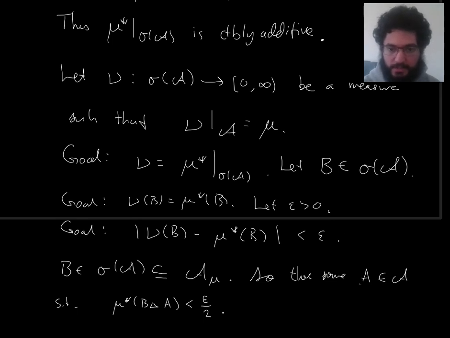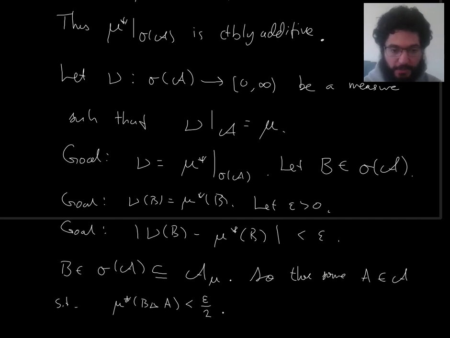So this is a good start, A here, but working with B symmetric difference A is not so good. A is in the original algebra of sets, but B symmetric difference A is just something in the bigger sigma algebra, not necessarily in the smaller algebra of sets.